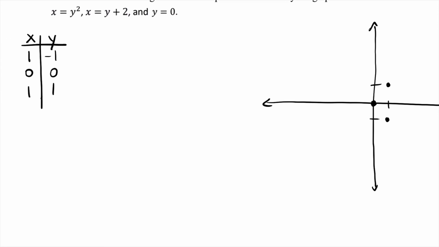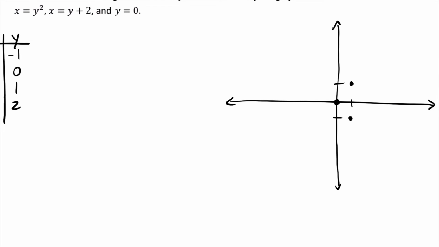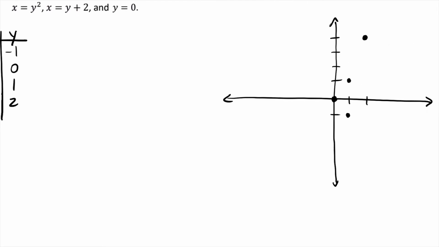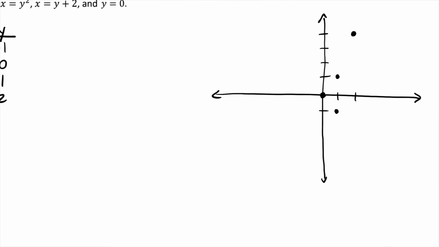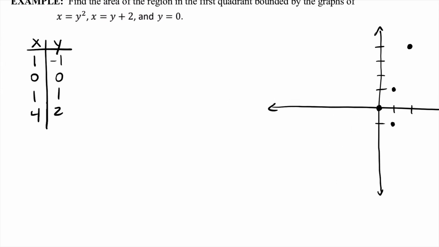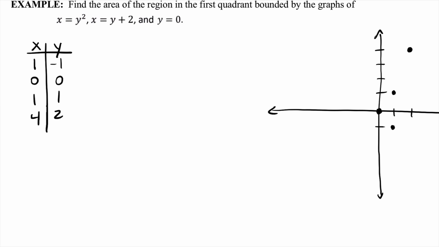Let's keep going. 2 squared is 4, so 4, 2.